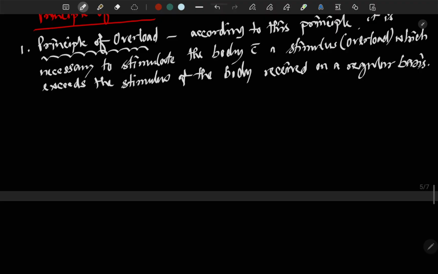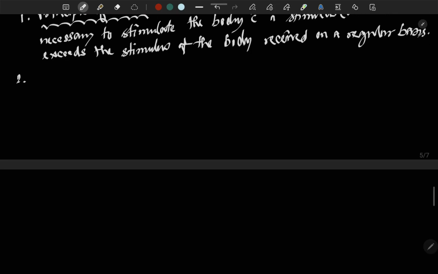Next is number 2. First one was the principle of overload. Second one is the principle of progression.